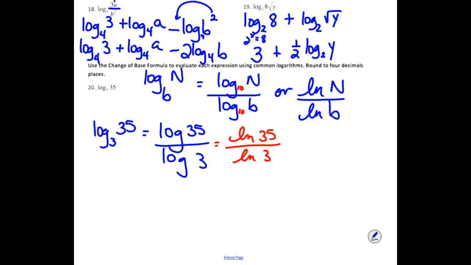The one thing to watch for when you're using your log keys on your calculator, a parenthesis is usually inserted when you type the log key. Make sure you close that off before you divide by the second part of that. In this case, the log of 35 divided by the log of 3 comes out to be 3.2362. It did say to round to 4 decimals.